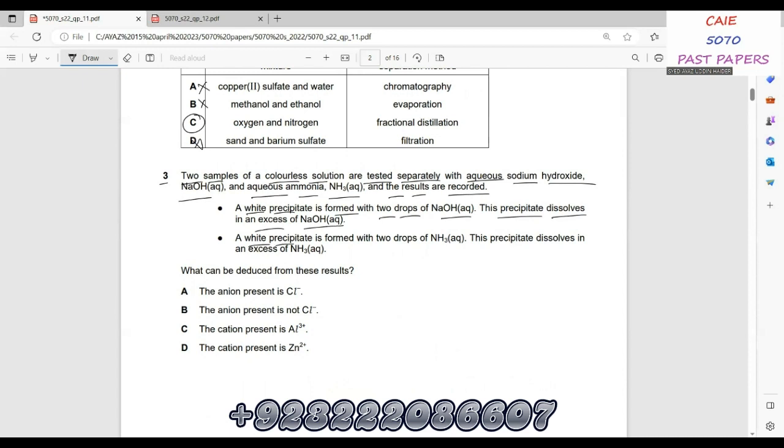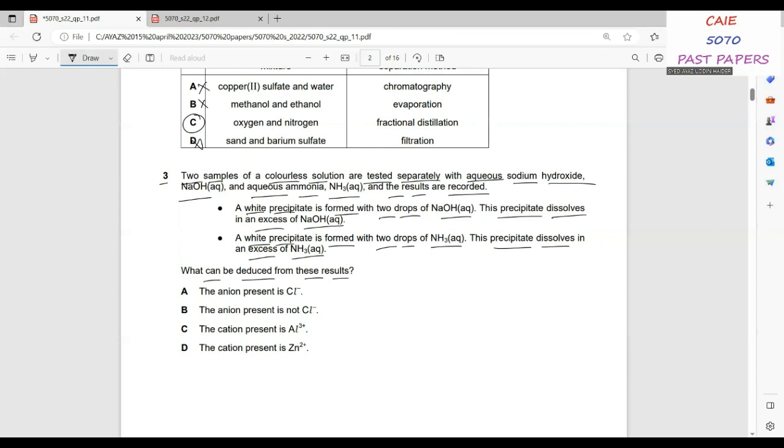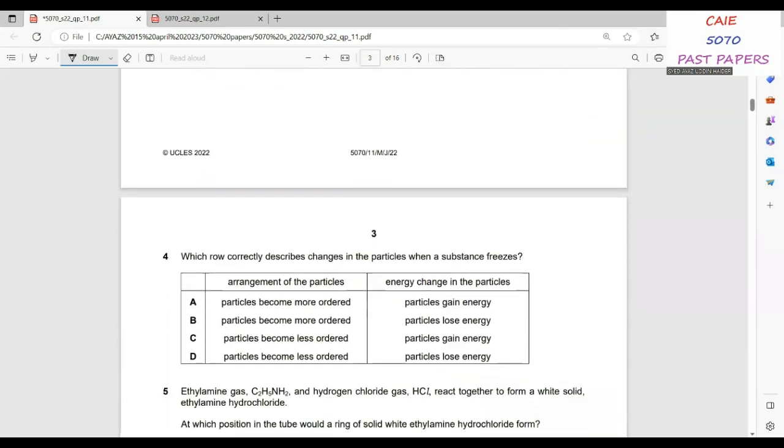A white precipitate is formed with 2 drops of aqueous NH3. This precipitate dissolves in excess of aqueous NH3. What can be deduced from these results? We know that only the Zn²⁺ ion is soluble in both NaOH and aqueous ammonia. So D will be the right answer for this question.